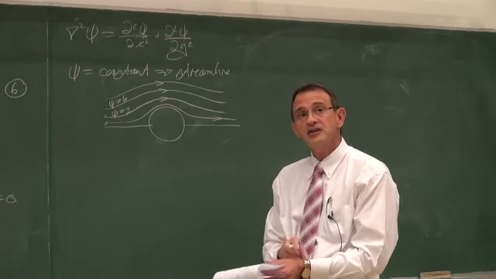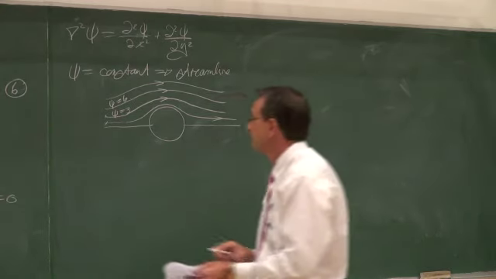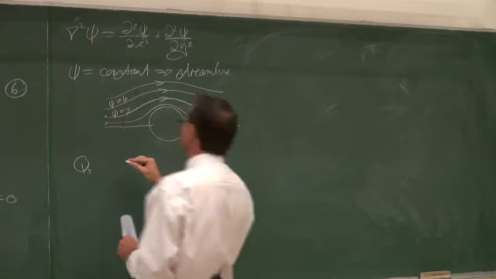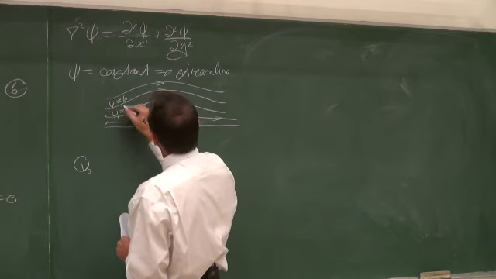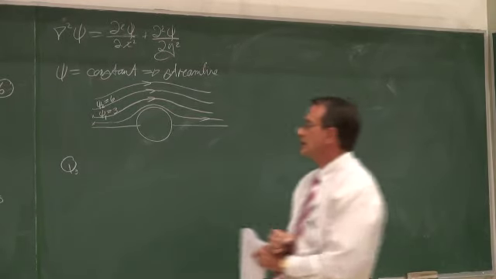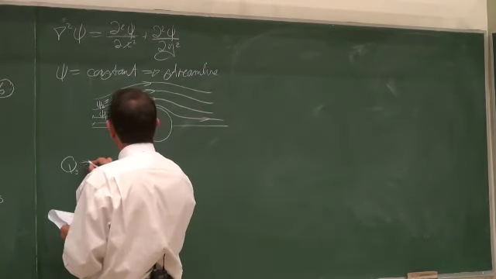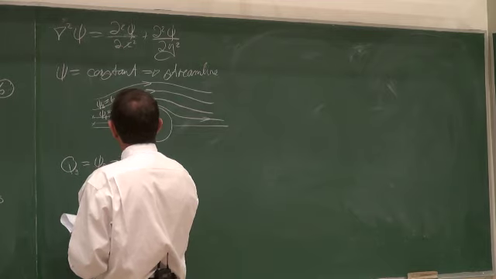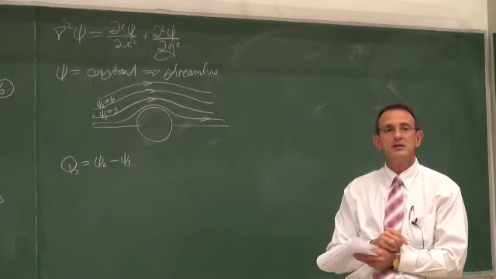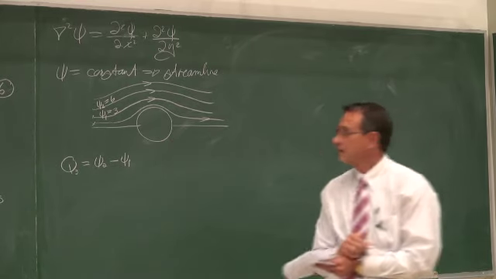Now what is very important also is that from these streamlines, we can actually learn a lot. For example, the volume flow rate between, let's call that stream function value 1 and that one stream function value 2. The volume flow rate would be equal to the difference between the two stream function values, C2 minus C1.